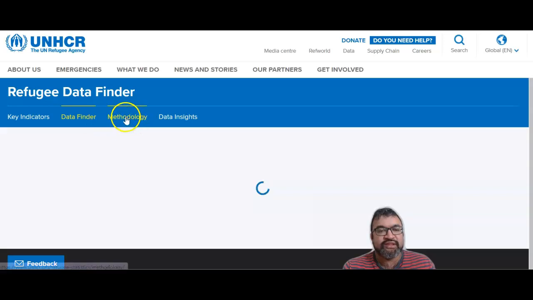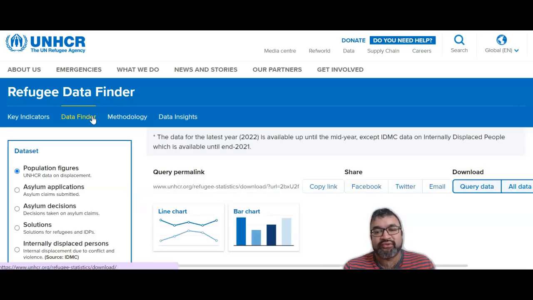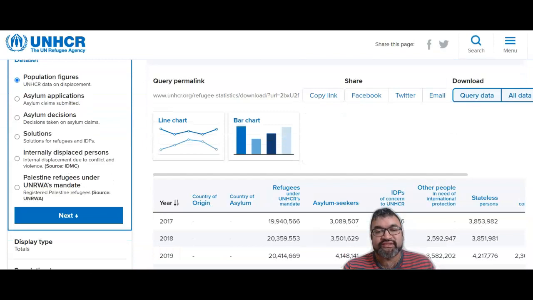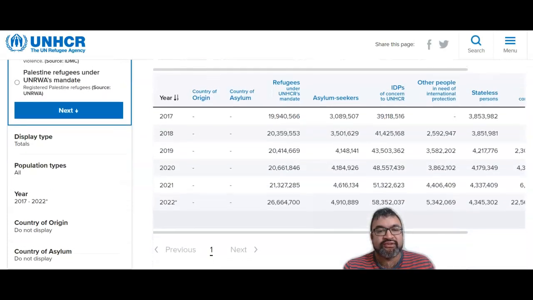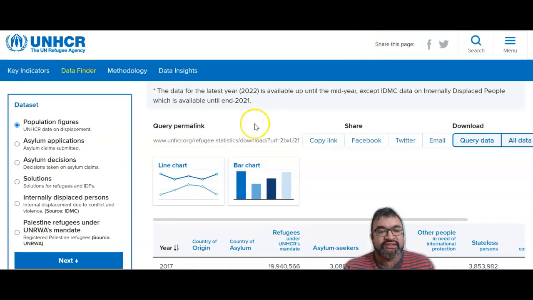You can go into the methodology and data insights here. If you want to actually run your original data, which can be appropriate for a doctoral level document or master's thesis. So what you want to do here, you can run this by year, and the population figures are here for data on displacement.